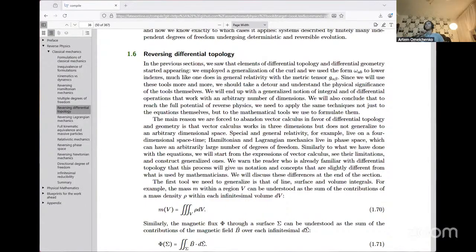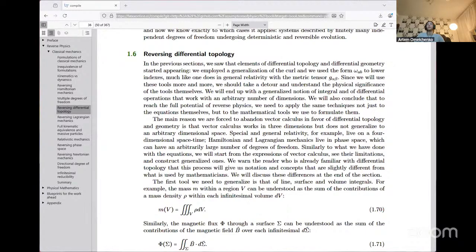Okay, so reversing differential topology. In the previous sections, we saw that elements of differential topology and differential geometry started appearing. We employed a generalization of the curl, and we used the form omega AB to lower indices, much like one does in general relativity with the metric tensor.